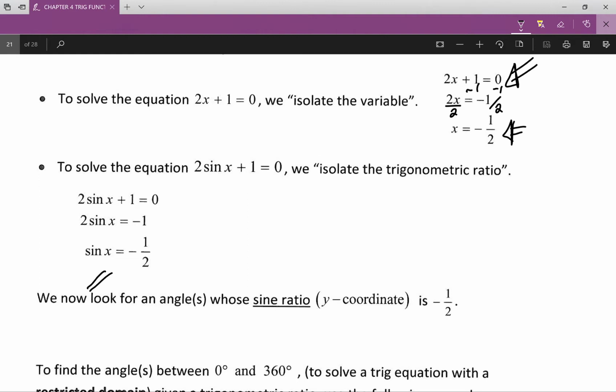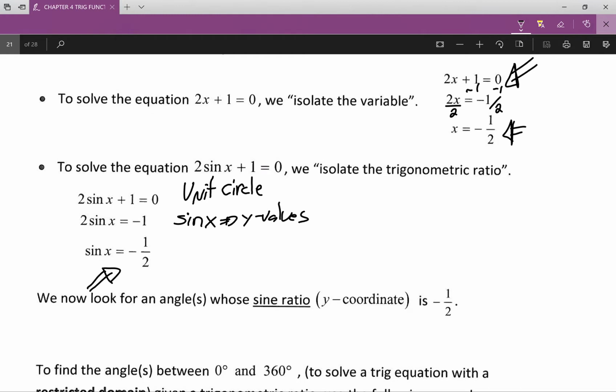We get to this point right here, which is the point where it starts to deviate. What I need to do is find out where sine x is equal to negative 1 over 2. How do I do that? I look at the unit circle. Since we're going for sine x, it's the y values.